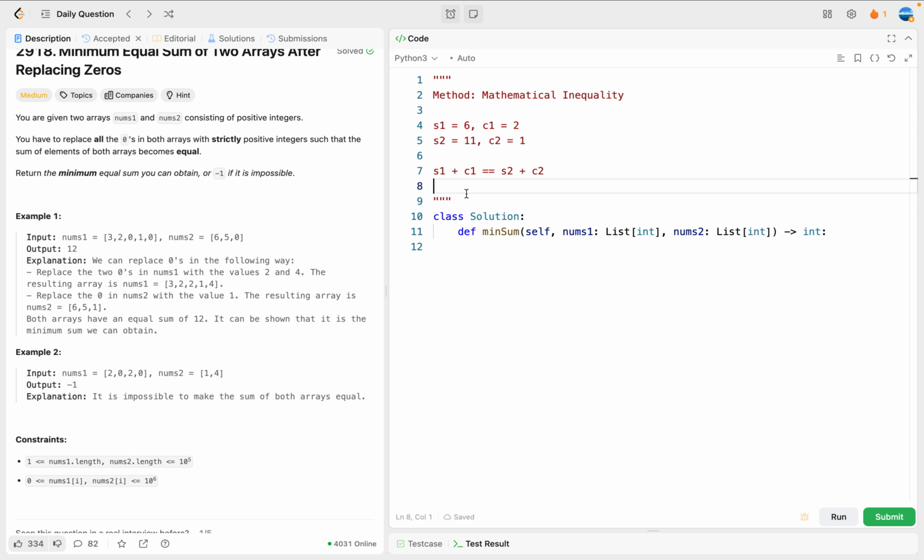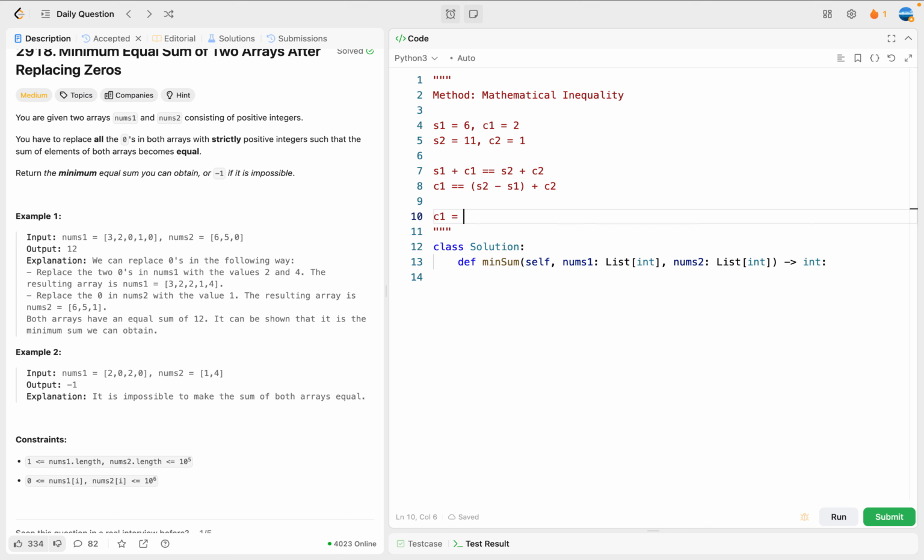So we actually can do this: C1 equals S2 minus S1 plus C2. S2 minus S1 is 5, plus C2.